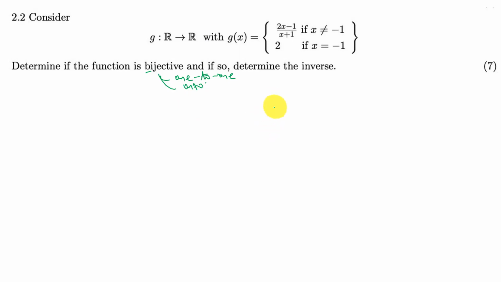Right. So what does one to one mean? What does one to one mean? Right. So I'm sure that you've seen a couple of ways to think about what we call a one to one map.